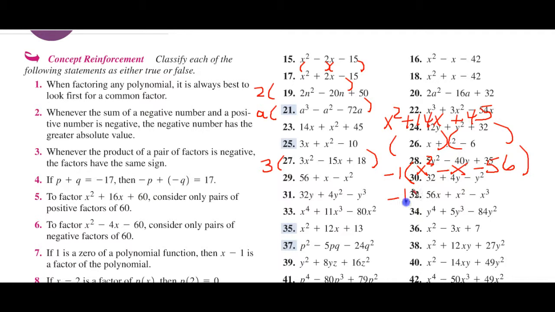I would keep my negative 1 out there and then factor that. And this is like a 7 and an 8, because the difference of these is 1, and my larger number is negative, so this will be a negative there, and this will be a positive. So that would be my answer.